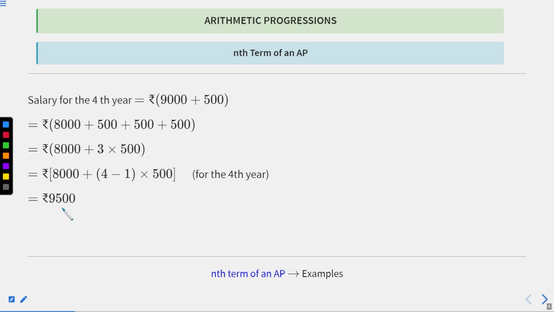This is equal to rupees 8000 plus 4 minus 1 times 500. So for the fourth year, our salary would be 9500, and we can write 9500 as 8000 plus 4 minus 1 times 500. That gives us the first salary plus the number of years minus 1 times the annual increment.